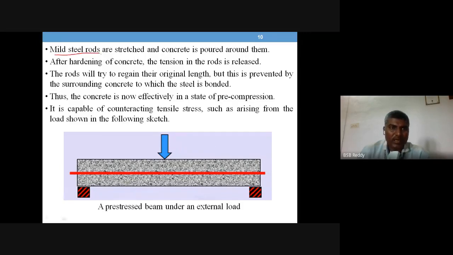So mild steel rods are used for stretching because in the 19th century mild steel rods were being developed. Concrete is poured around them. After hardening of concrete, the tension in the rods is released. Okay, the rods will try to regain their original length.